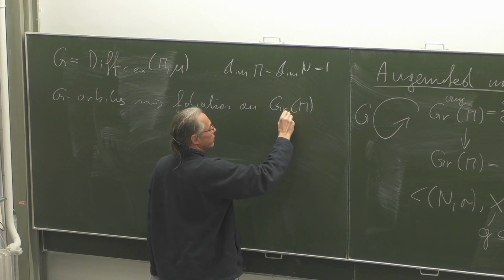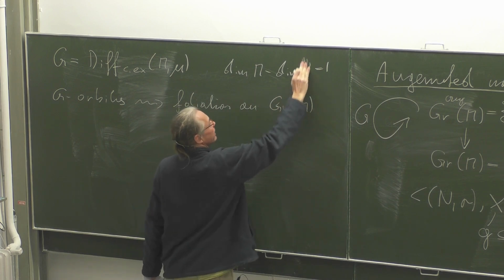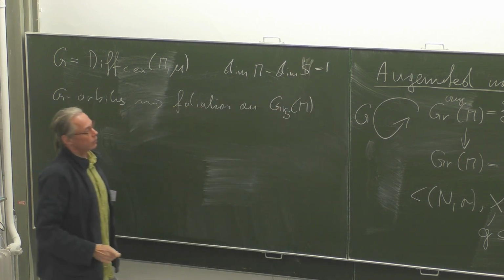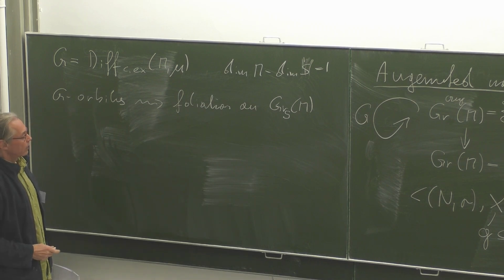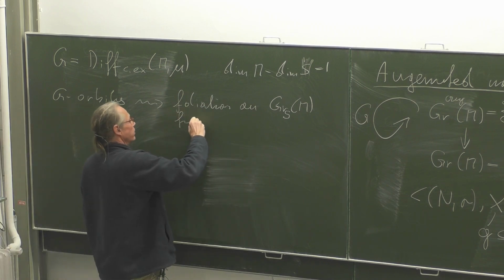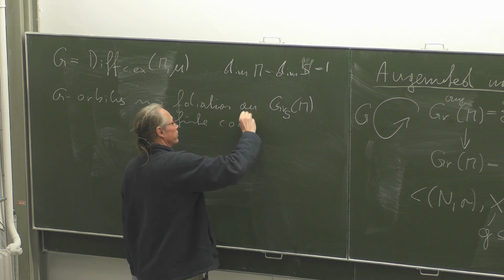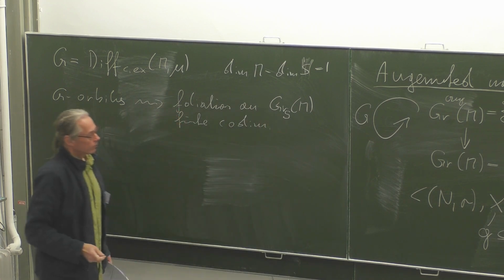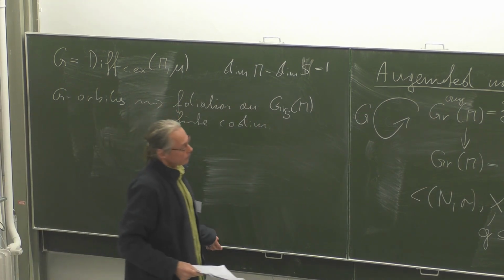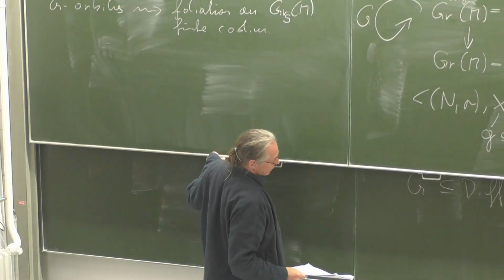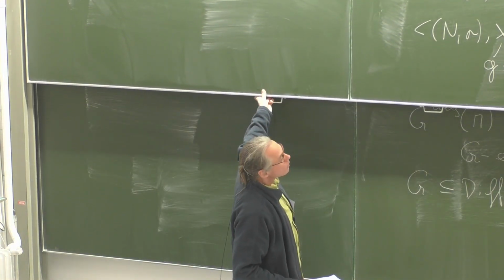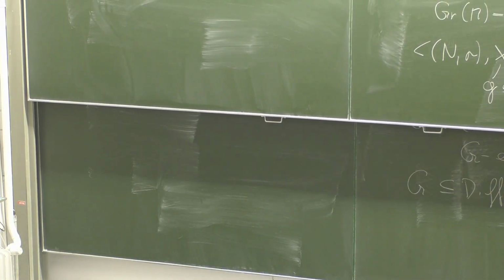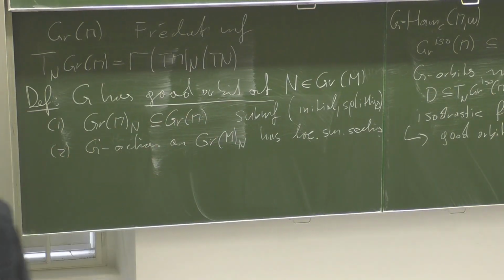Let me use Cornelia's notation, the Grassmannian type S, and the codimension is supposed to be 1. And this has finite codimension. The codimension is just the Betti number here, the dimension of this zeroth cohomology.